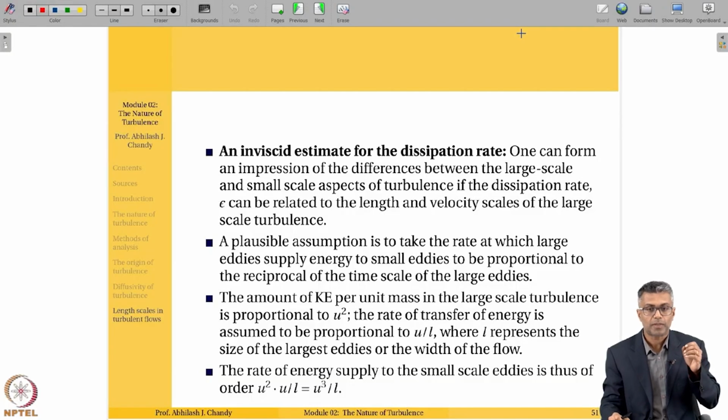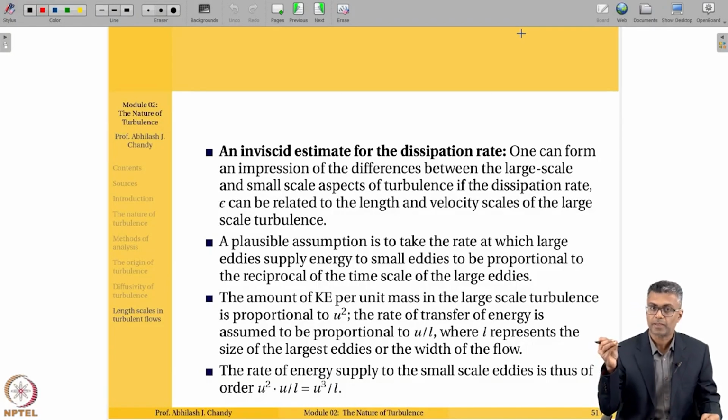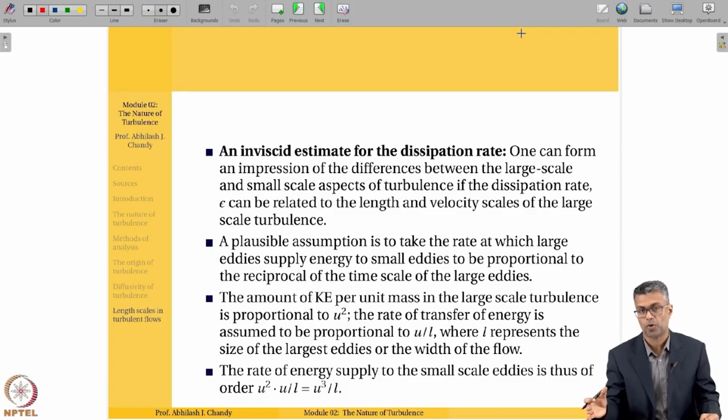With that as the background, let's look today at an implicit estimate for the dissipation rate. We are going to focus on the dissipation rate here. If you think about it, we derived all this assuming that the rate at which energy is transferred from the large scales to the small scales only depends on the dissipation rate and the viscosity.